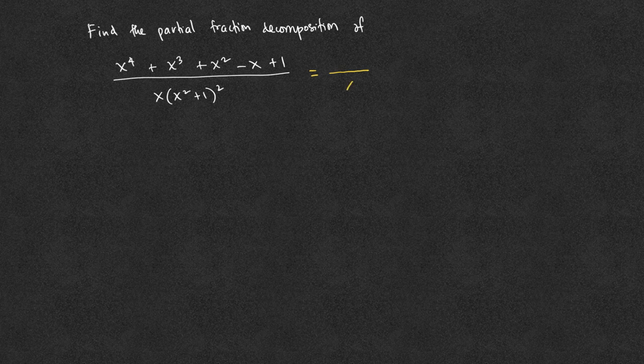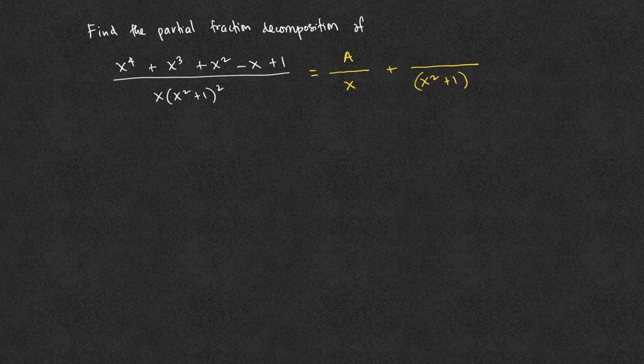The factor x has the coefficient of A on top. The factor x squared plus 1, which is an irreducible quadratic, has a linear numerator.